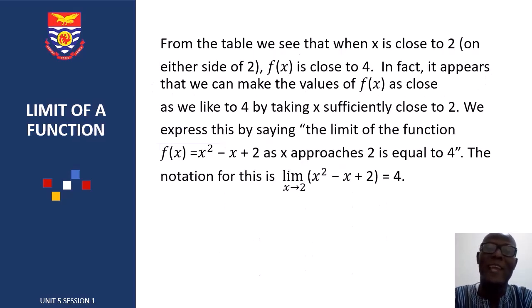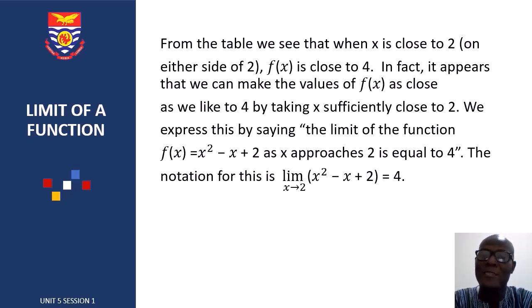From the previous slide, that is from the table, we have observed that as x approaches 2 from both directions, the given function f of x is as close as 4.